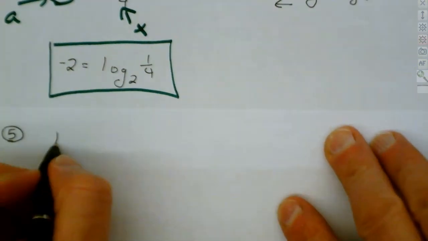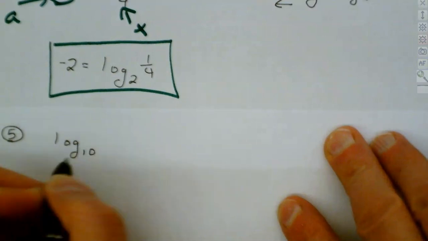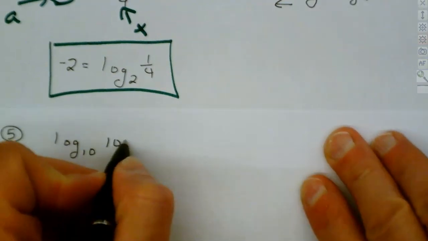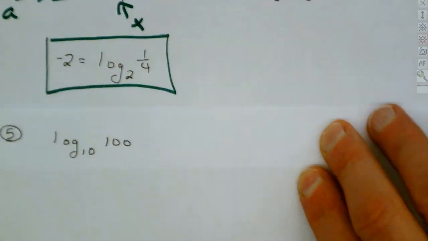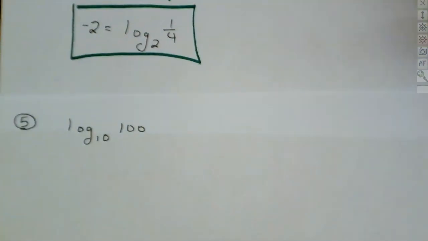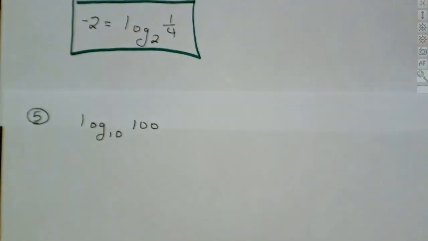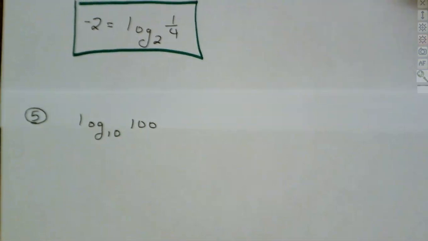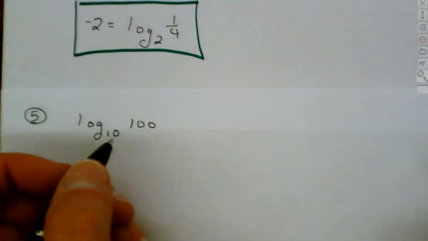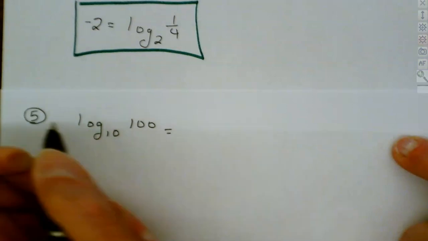Question 5 is the log base 10 of 100. Okay, we want to find that. So we want to find out what log base 10 of 100 is. Now, we can convert this, and I'll also show you how to use your calculator key. So let's say that's going to equal x.